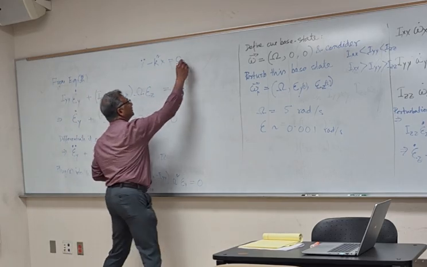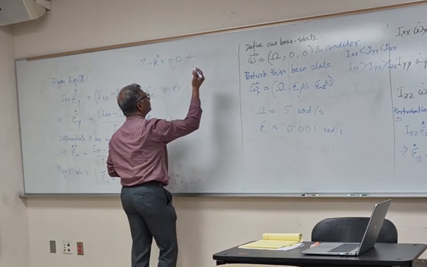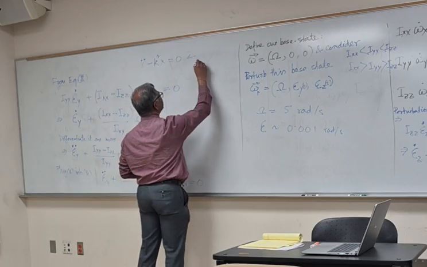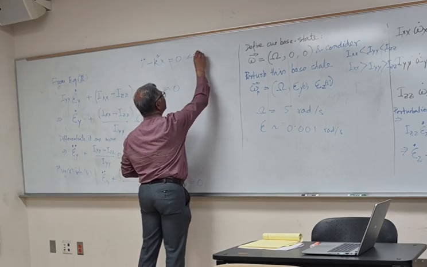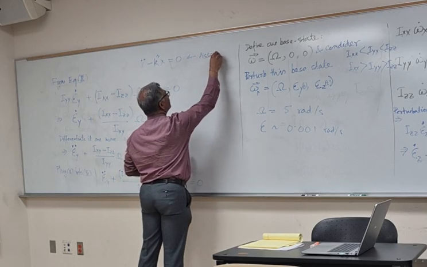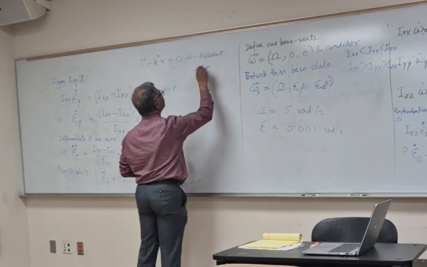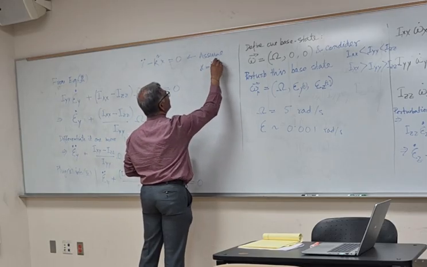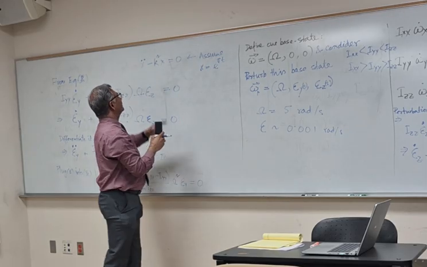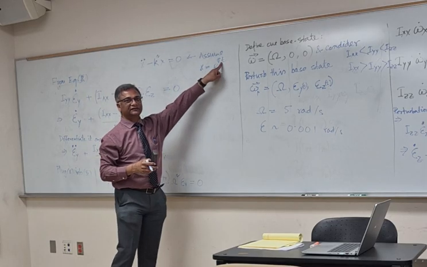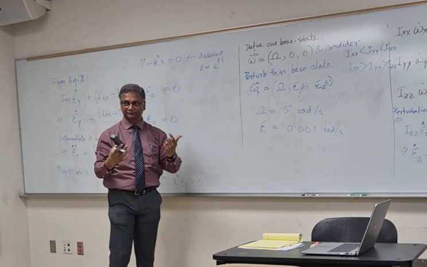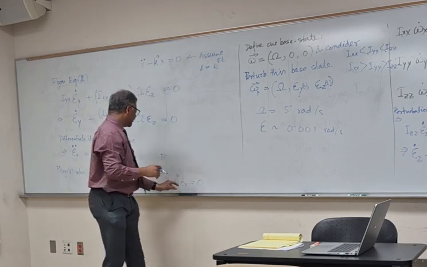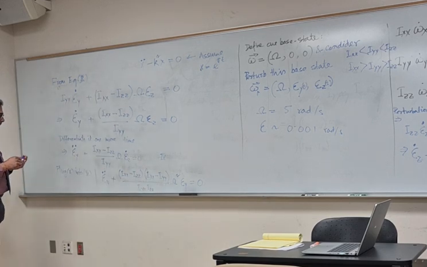Because the normal procedure in solving this type of differential equation is to assume x is equal to e to the power sigma t and replace it, and then check whether sigma is positive or negative. That's the thing. So now look at this term.